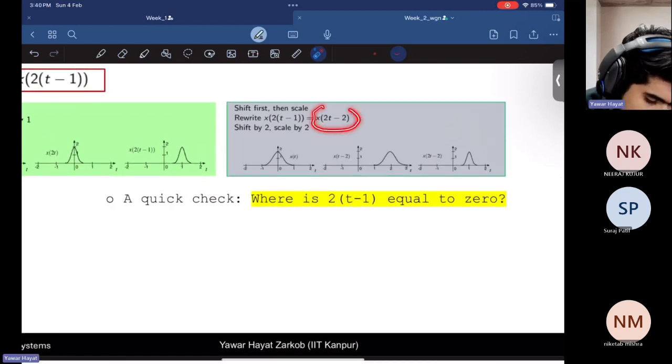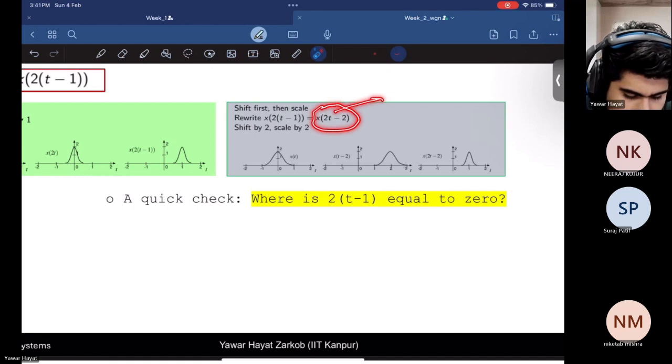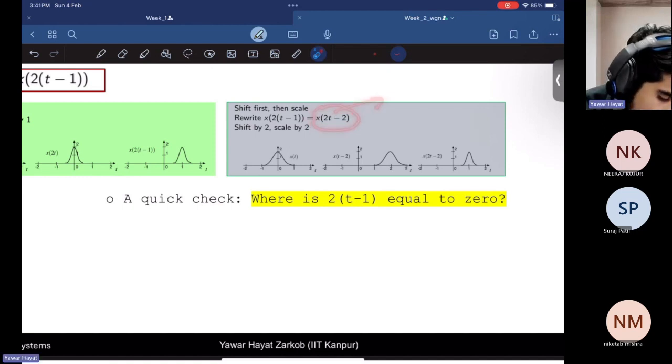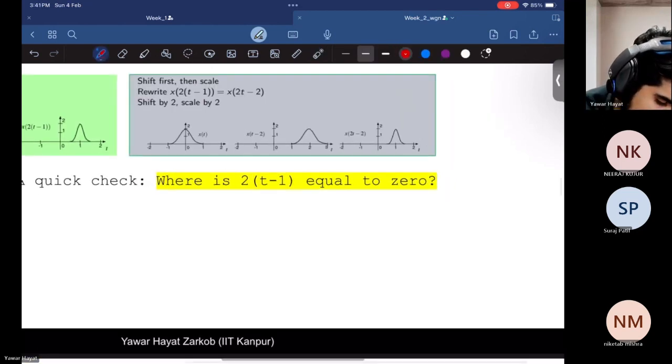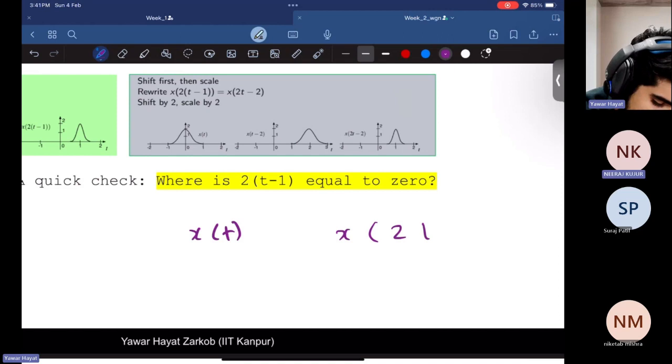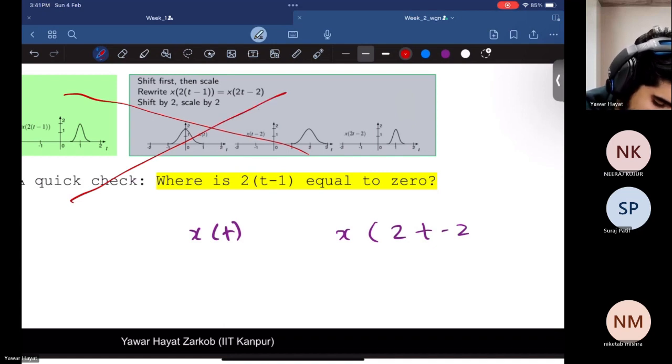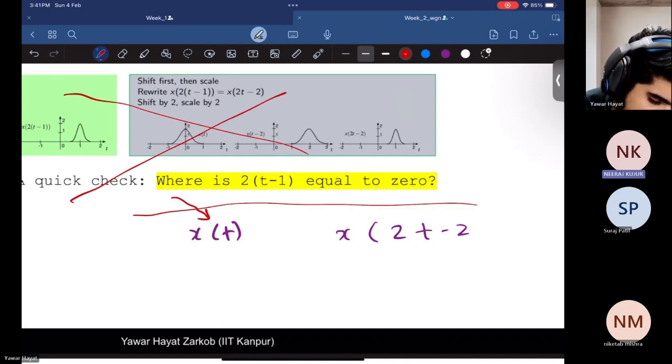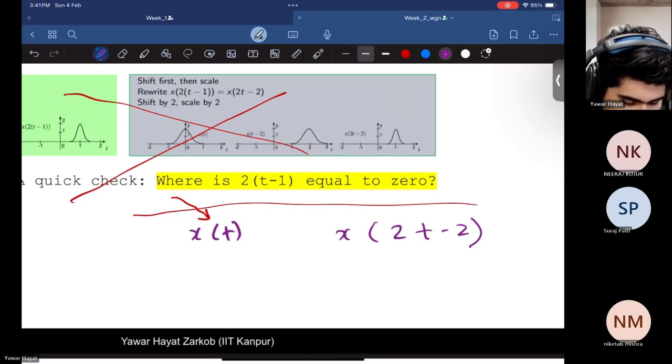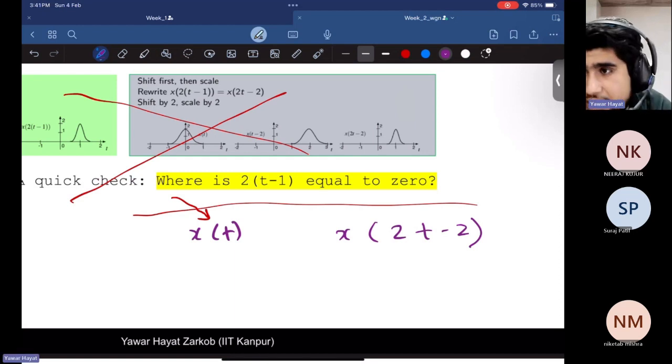If this is my signal, wait, let me ask you a question. Suppose I have this x of 2t, right? And I give you a signal x of 2t minus 2. You forget this. Focus here. I want to scale this signal first and then shift.